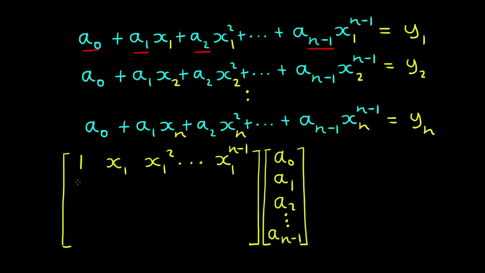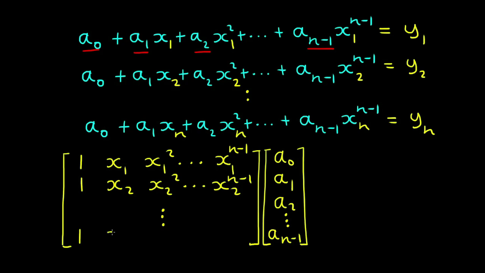In the next row, we have 1 by a0, then x2, x2 squared, and so on up to x2 to the n minus 1. And this continues on and on down to an minus 1.